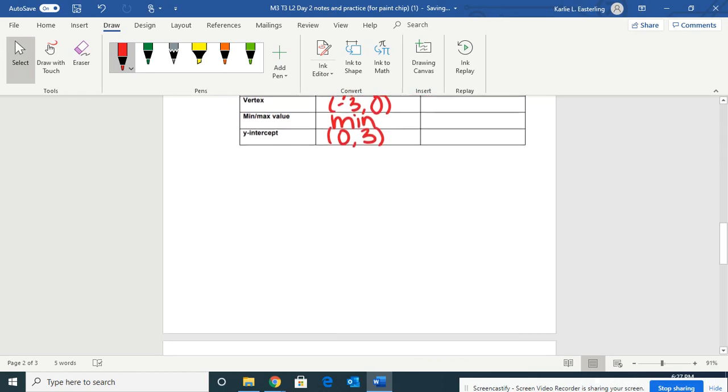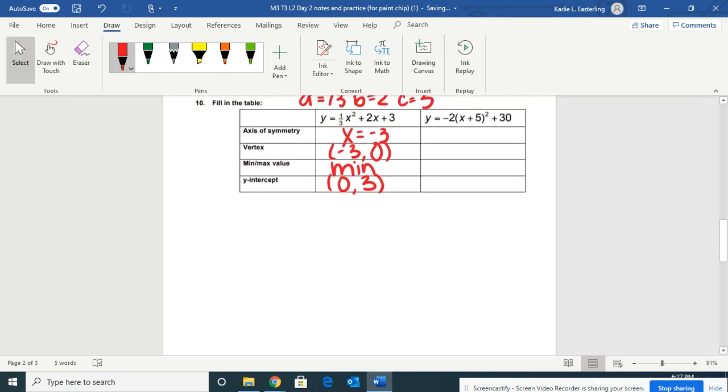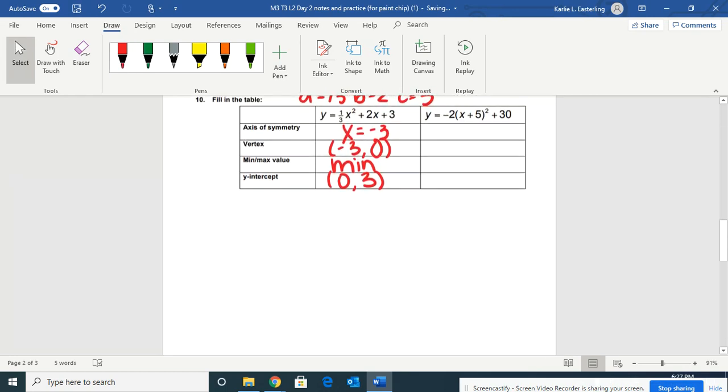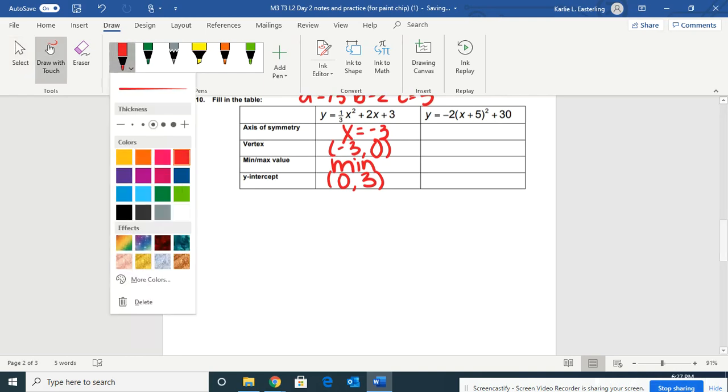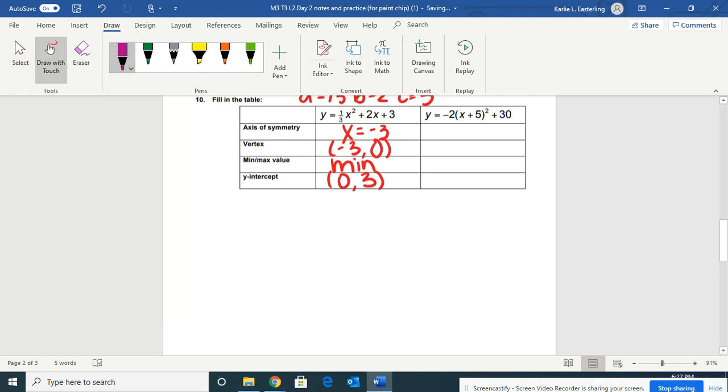Let's scroll down a little bit and use the bottom of the page to look at that second equation. Let's change our color. I like that purple. For our axis of symmetry here, if you look up on your notes from either 2 days ago or the top of these, our axis of symmetry for this vertex form is when x equals h. Let's talk about our values here.